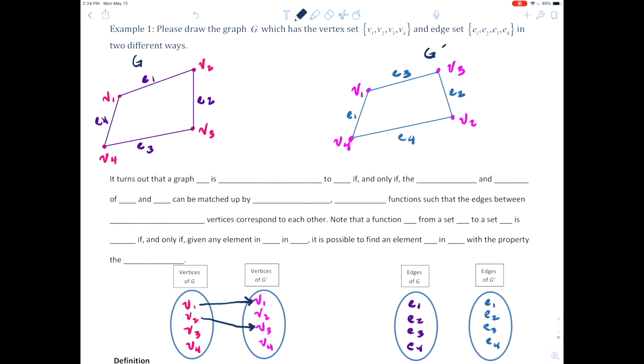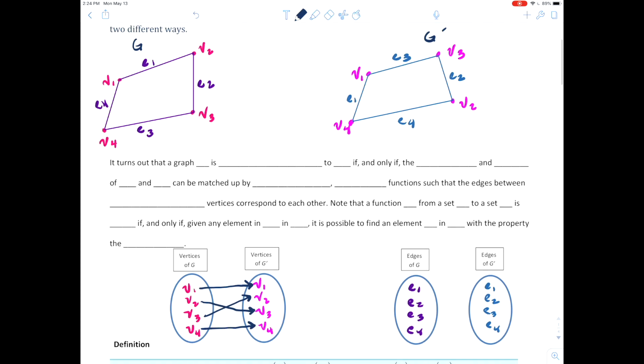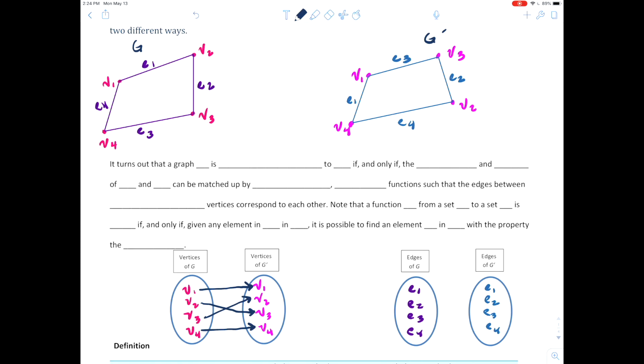That makes sense? And there's, like I said, more than one way to do this. V3 in G would map to V2 in G prime, and then V4 in G maps to V4 in G prime.